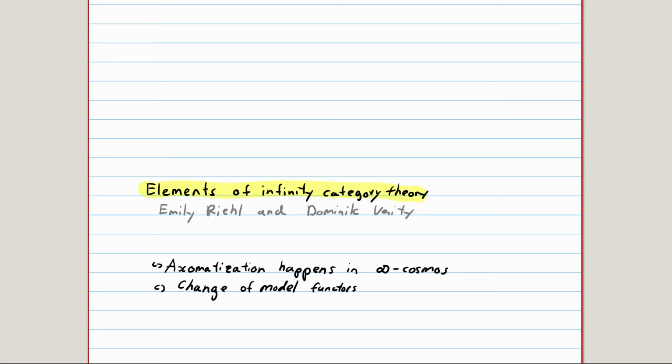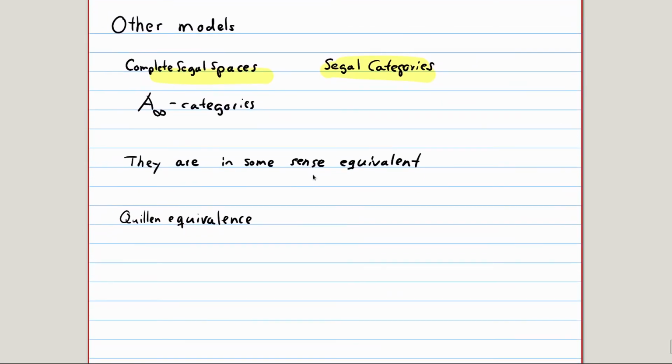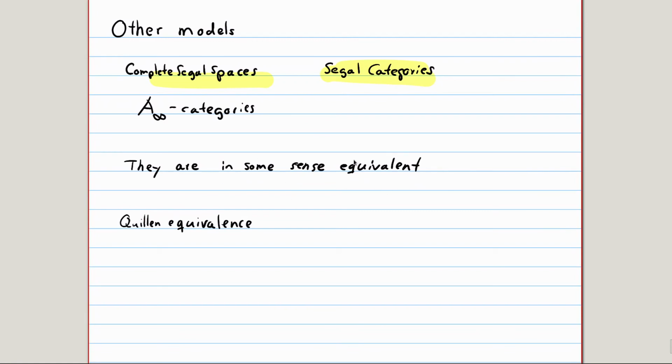What they showed is that given different models of infinity categories, such as complete Segal spaces and Segal categories, they define adjunctions between these categories of complete Segal spaces and Segal categories that show you they are equivalent, meaning they give rise to the same model category structure.